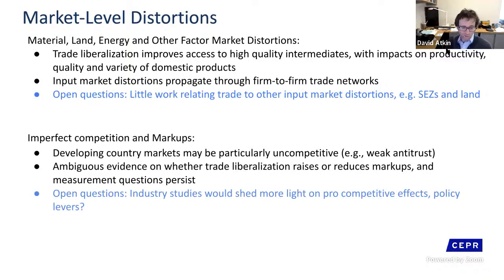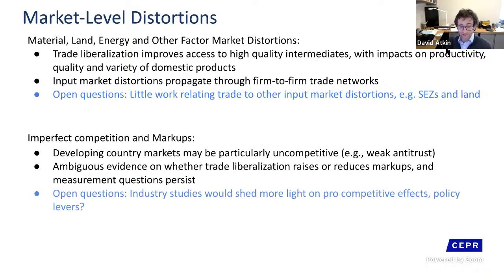So these things could go in different directions. And lurking in the background are these very thorny measurement issues, which I think we are still debating in the literature about how best to deal with. And I think there's scope here for a lot more evidence through detailed data collection and even randomized control trials to learn more about how markups respond to trade in various forms.